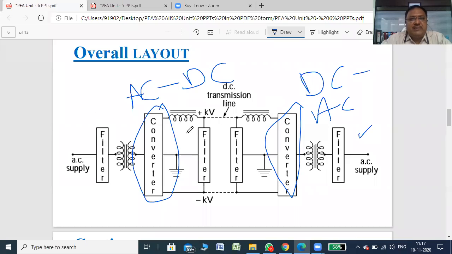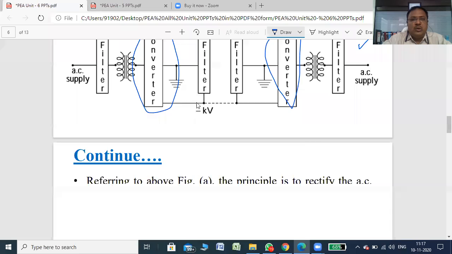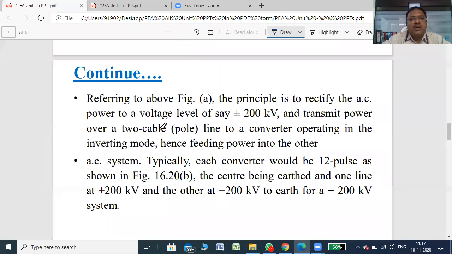There are various types of this DC transmission system. So we'll just see the above figure. The principle is to rectify the AC power to a voltage level, say plus minus 200 kV, and transmit power over two cables, also called a pole line, to a converter operating in the inverting mode, hence feeding power into the other AC system.